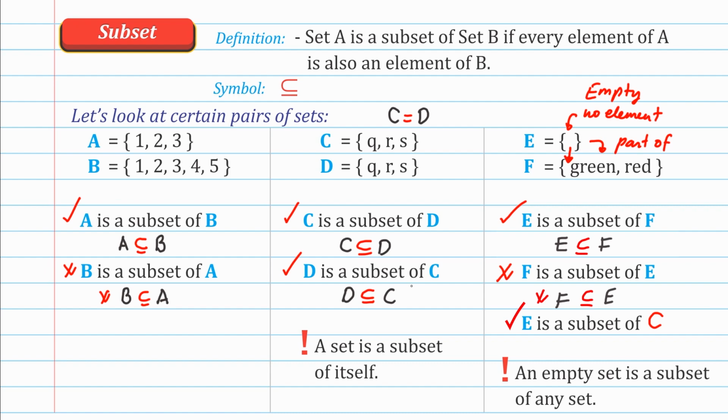Now, finally, generalizing all of these pairs of sets, we notice that subsets are only commutative, meaning it will work the other way around, if the two sets are the same set itself, meaning only this case is true. When two sets are exactly the same, then the subset relationship is commutative. We can flip that relationship.